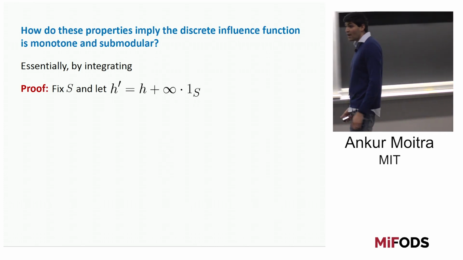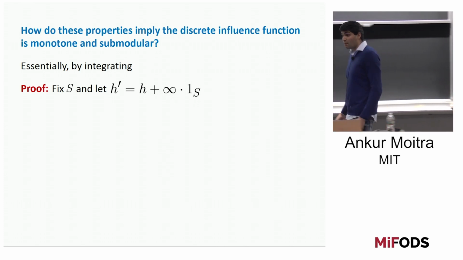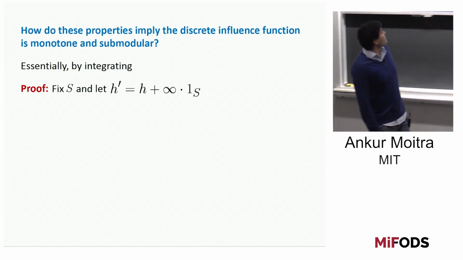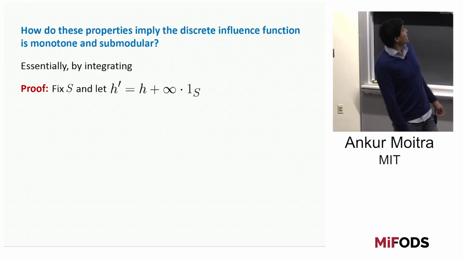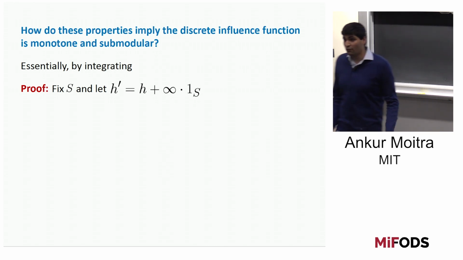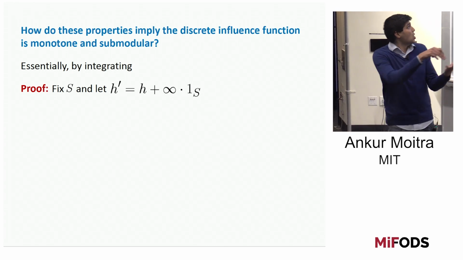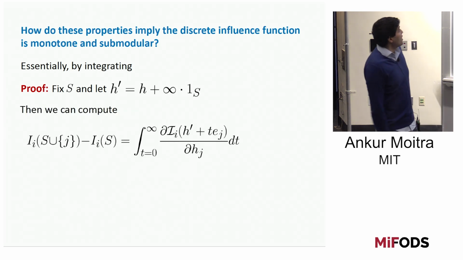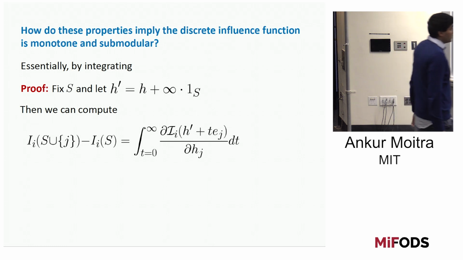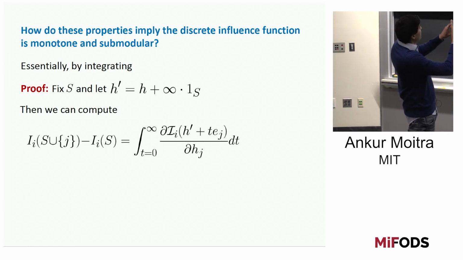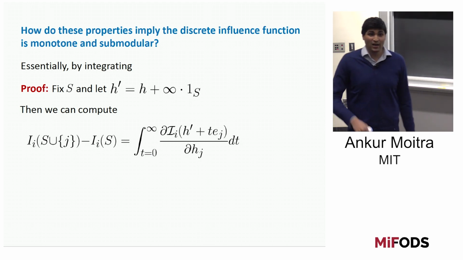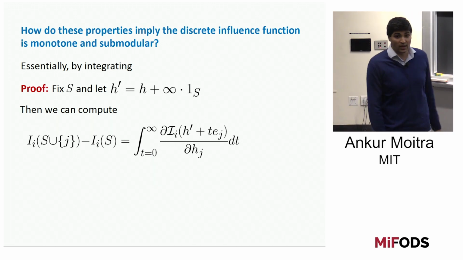Let's first do the fact that the discrete influence function is monotone, and then we'll do the fact that it's submodular. So the way to think about this is that imagine you give me a set S, and now I can think about H prime as the vector of external fields, where I take H and I set all of the coordinates in S to being plus infinity. So now I can write down an integral that computes the gain in the discrete influence function, how much you get by adding in the coordinate j into the set.